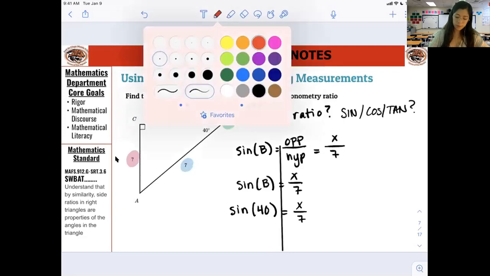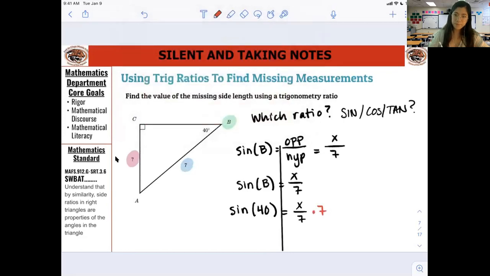Multiply times 7. Use your calculator. I can't do this without a calculator. Mr. St. Rose, Ms. Deriscar, nobody can do this without a calculator. You have to use it. Because now we're just going to do 7 times the sine of 40.